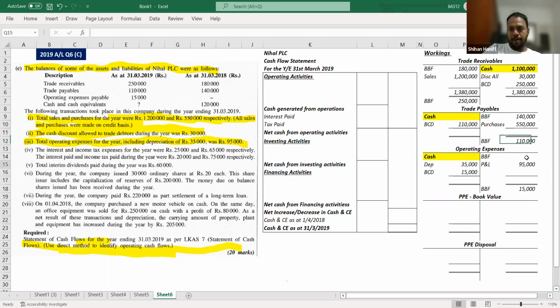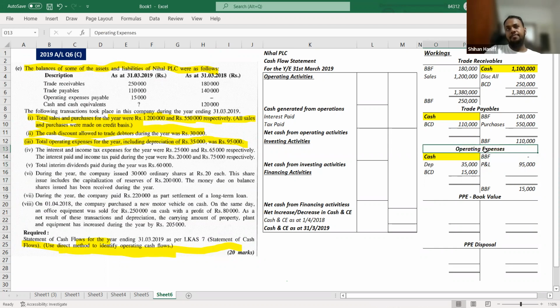Why do we put it on the credit side of operating expenses? This is the P&L amount, the total operating expense for the year. That is why it is credited. Debit P&L, expense account credit. The cash amount only we have to debit here. Cash account credit, operating expense debit. When you transfer to P&L, expense account credit, P&L account debit. That's why this is right.